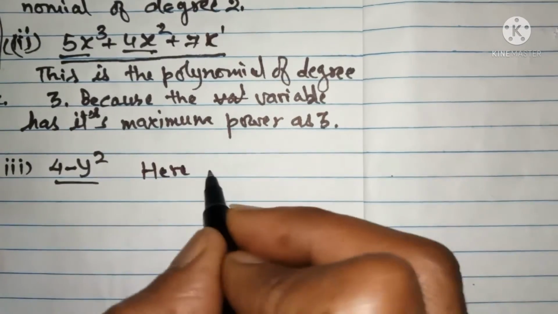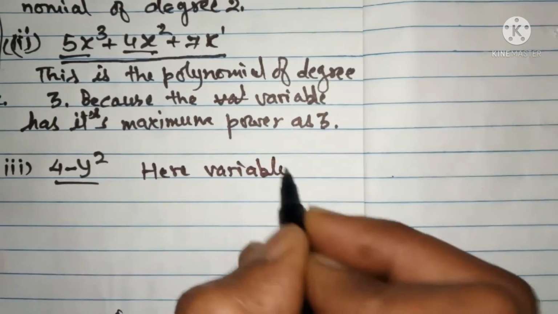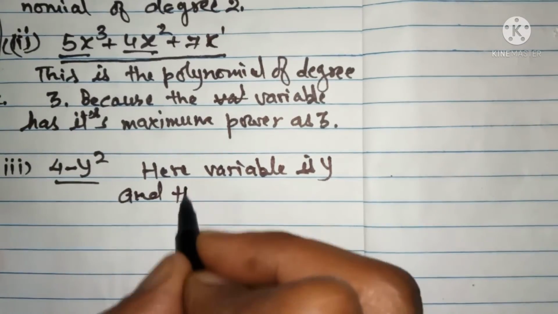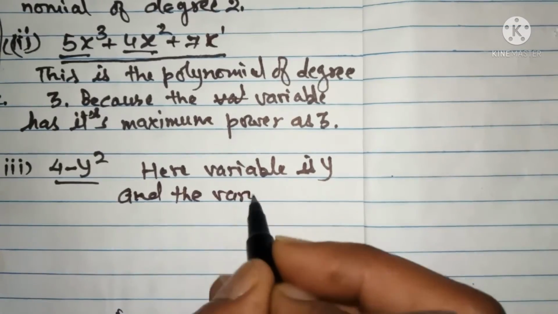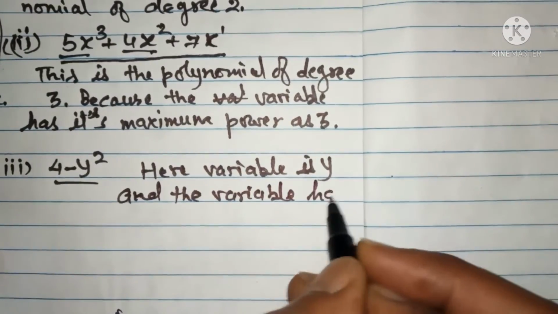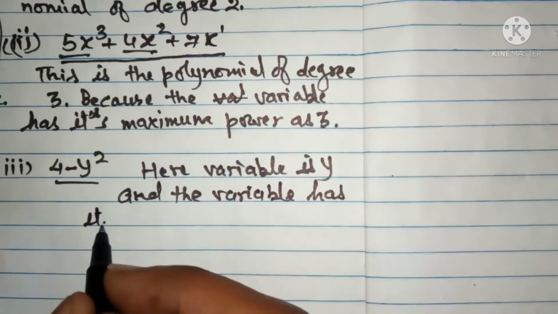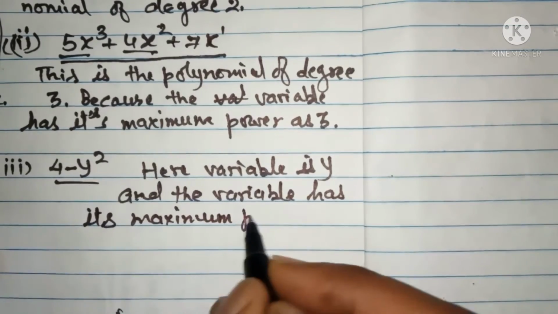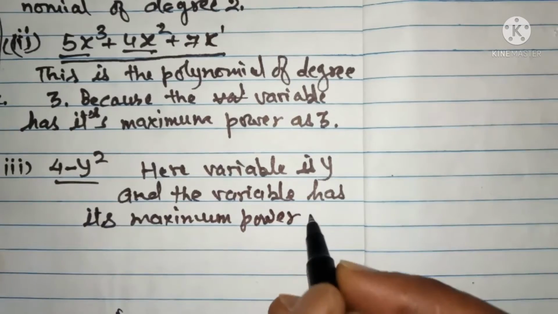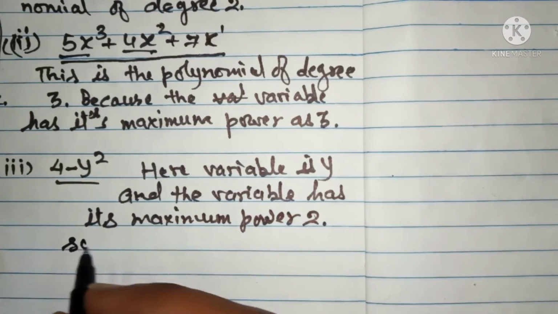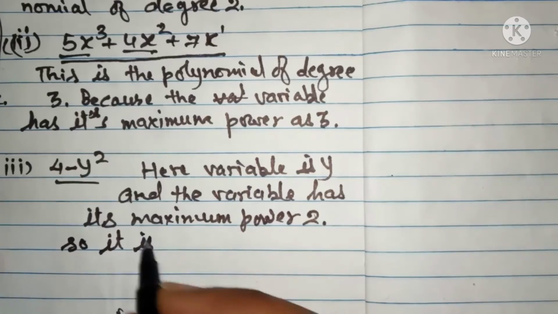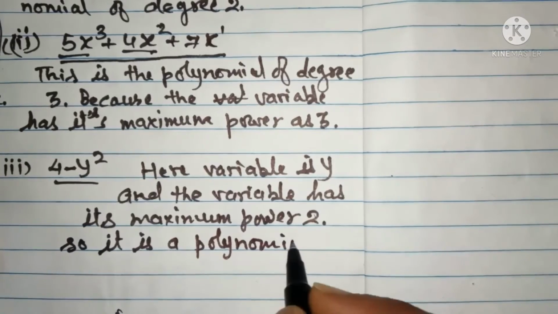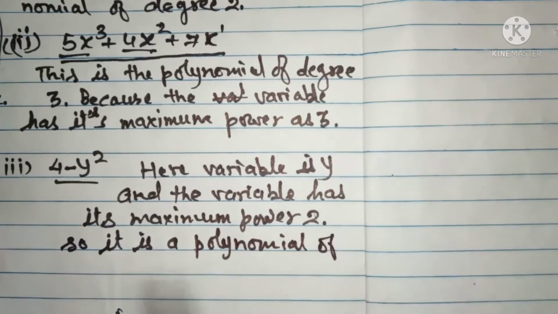Here the variable is y, and the variable has its maximum power 2, so it is a polynomial of degree 2.